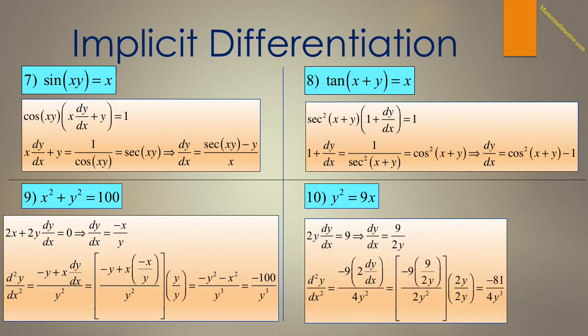Number 10 reads y squared equals 9x. Taking the derivative implicitly, we get 2y dy/dx is equal to 9, or dy/dx is equal to 9 over 2y. So again, we have a quotient rule.